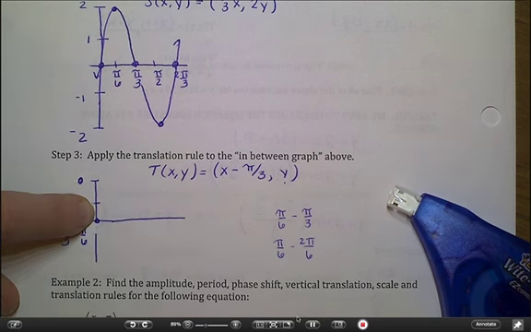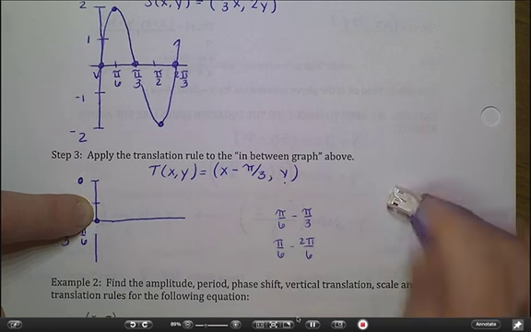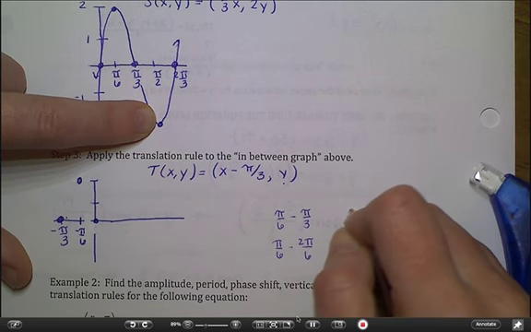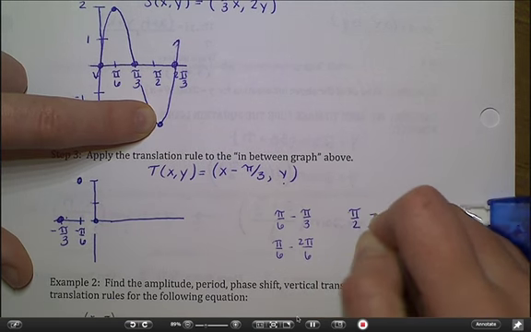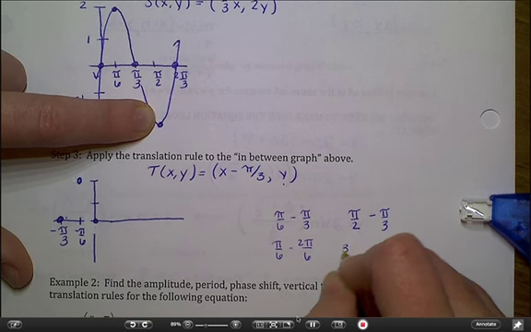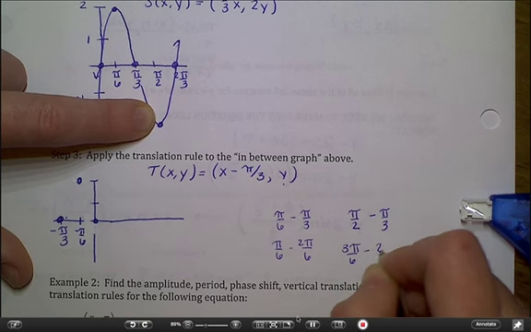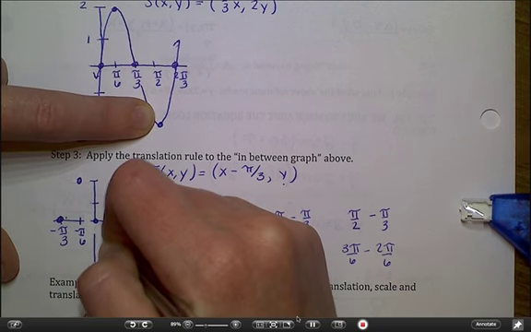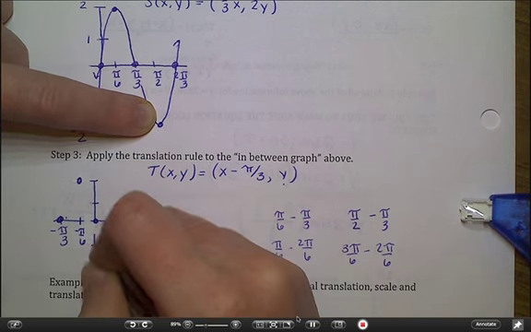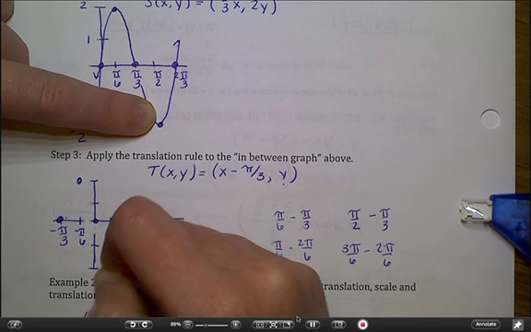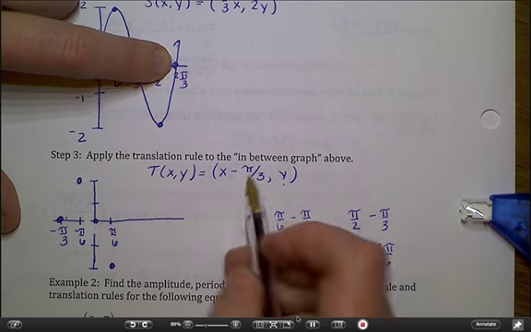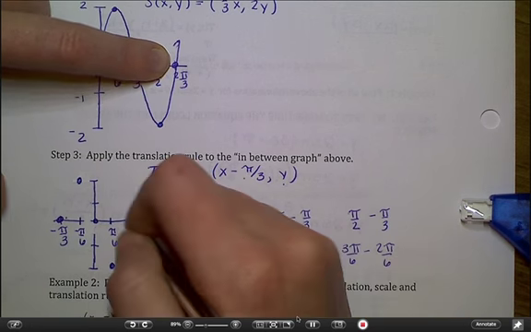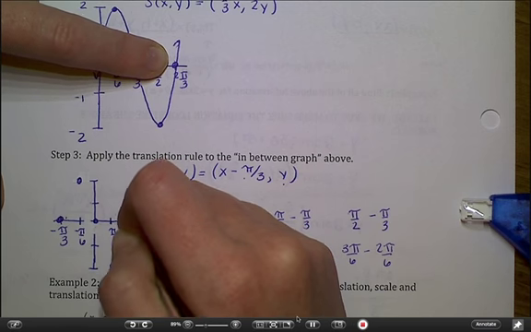Pi over 3 minus pi over 3 is 0. Then I have to take pi over 2 minus pi over 3. Think of this as a 3 pi over 6 minus a 2 pi over 6 gets you a pi over 6. And we're down at negative 2 on that. And then 2 pi over 3 minus pi over 3 is 1 pi over 3.